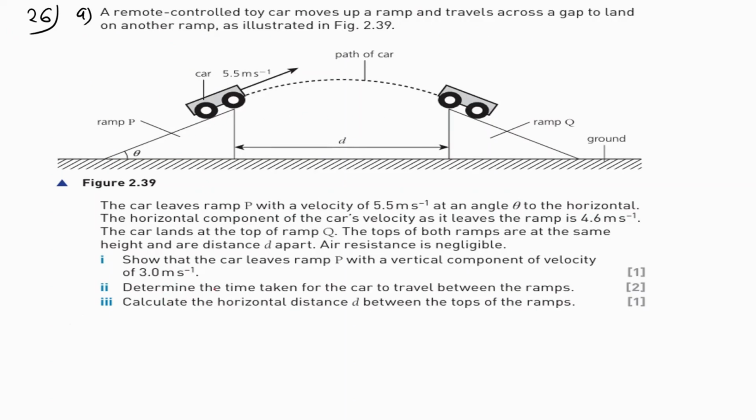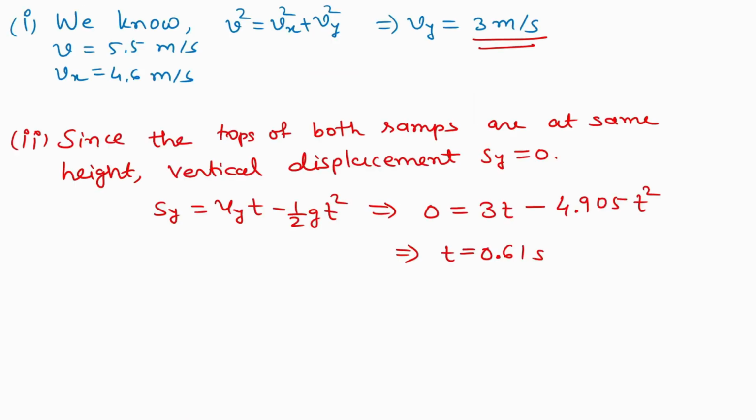Question number two says, determine the time taken for the car to travel between the ramps. We need to find the time required to go from this point to this point, meaning to cover the distance d. Which equation are we going to use? Try to recall, remember, and apply it in this problem. Since the tops of the ramps are at the same height, the vertical displacement sy is 0, because the initial point A is here and our final point B is over here.